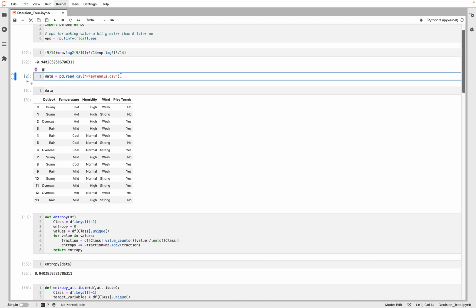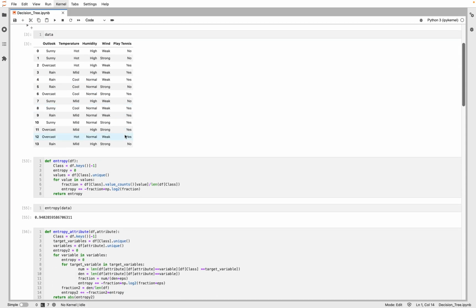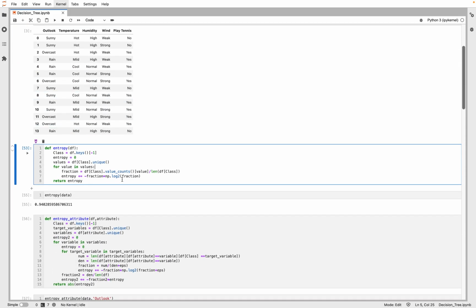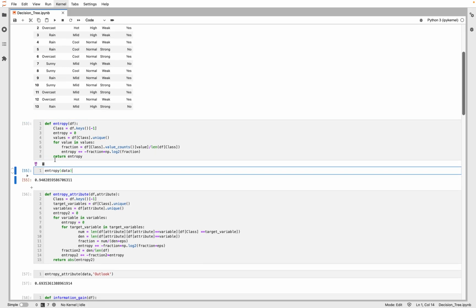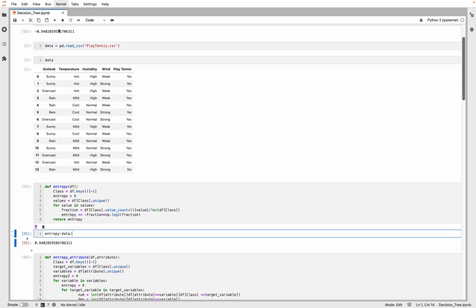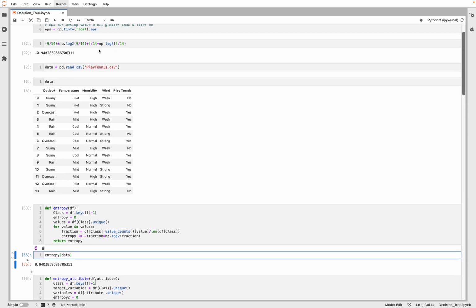Next, we will import the play tennis data and show the data over here. Next, we will define the entropy function, which basically just computes the Shannon formula. So for example, if we compute the entropy of the parent, we get 0.94. It's the same as we do by the manual calculation.